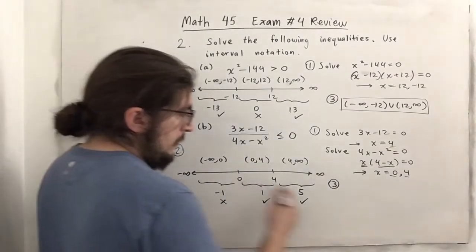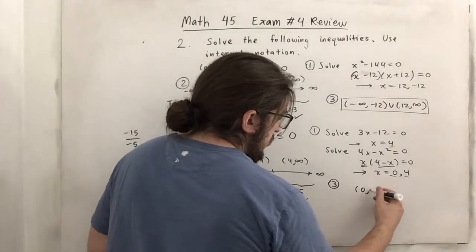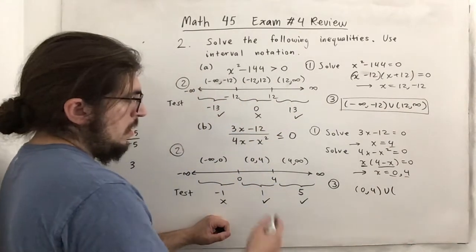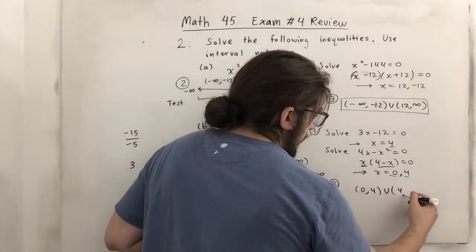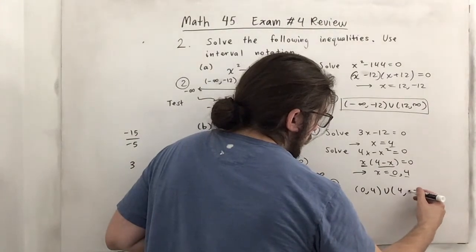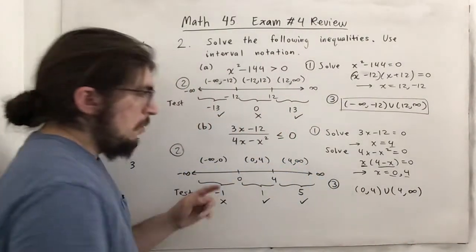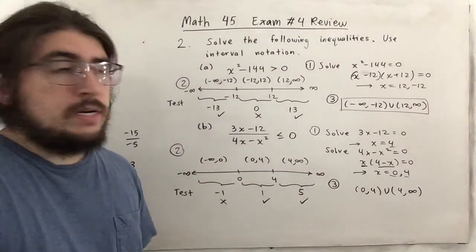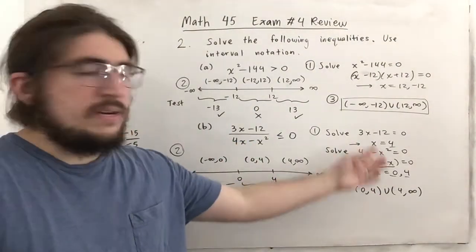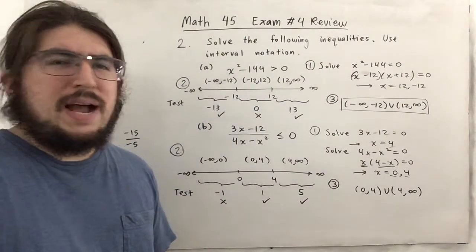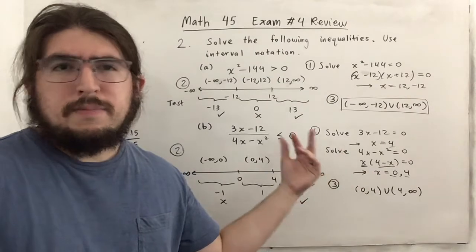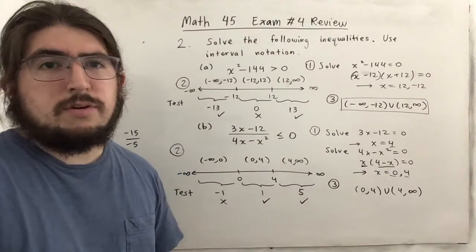So what we end up getting here is 0 to 4 union 4 to infinity. Now, because this is an or equal to scenario, I want to check the endpoints. Now, 0 can certainly not be plugged in because you'll get a 0 denominator. In fact, that came from the denominator being 0. And anything that came from the denominator being 0 should automatically be open because you couldn't plug it in anyway.